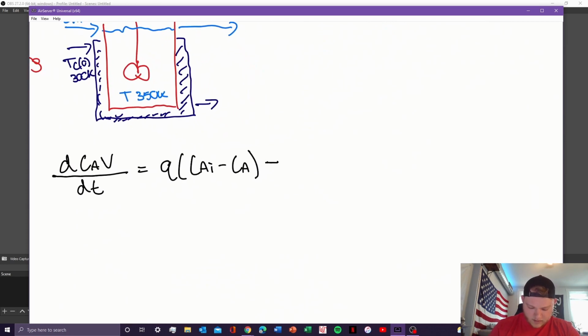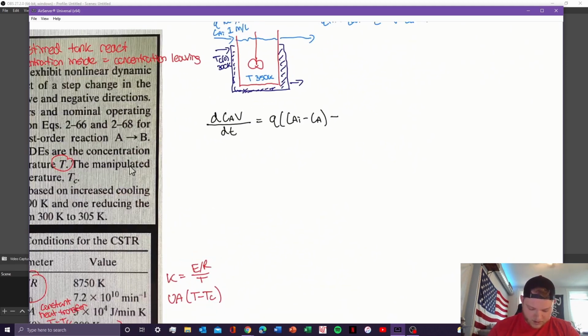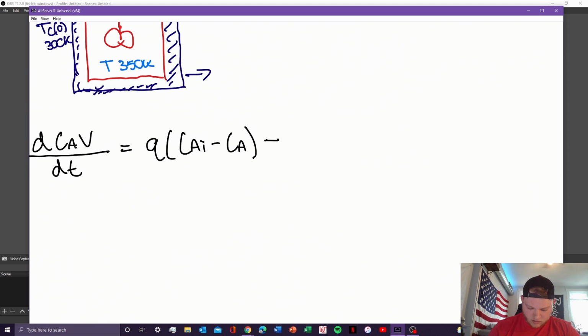And then minus the reaction rate, which is K times the concentration of A times the volume.